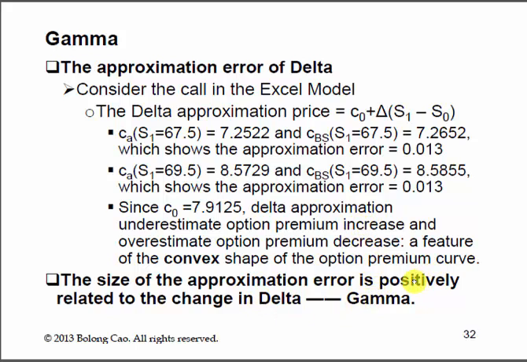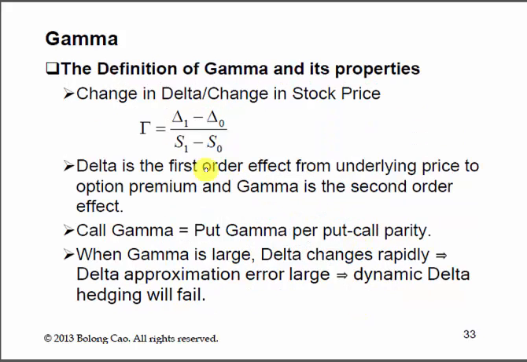And to think about how big the approximation error is, there's the concept of gamma. So what is gamma? Gamma is the change in delta divided by the change in the stock price. So for a $1 stock price change, how much will delta change?